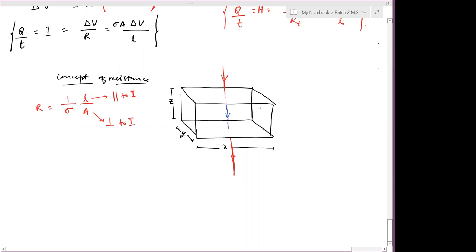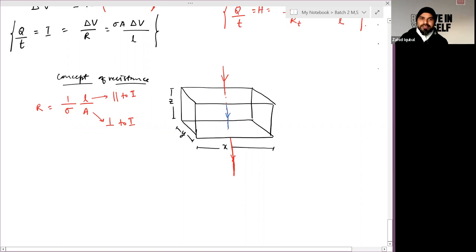Z. Okay. And which area is perpendicular to the flow of current? This part, whose area will be the product of X and Y. So for this part, we find resistance equals Z divided by sigma times X into Y.